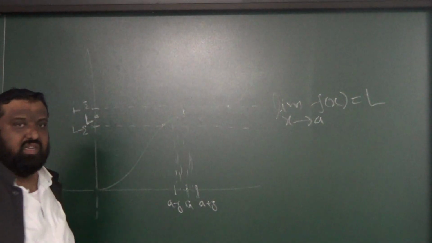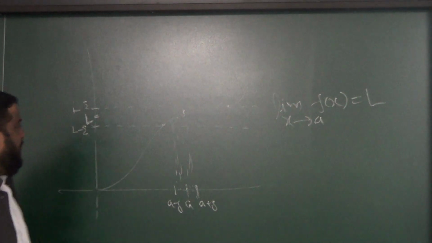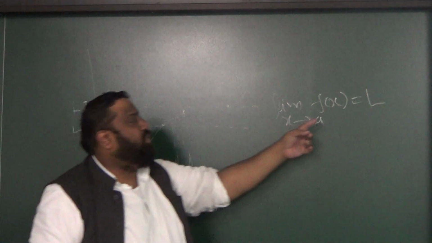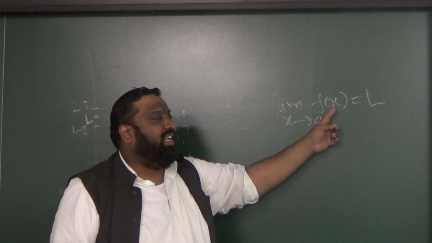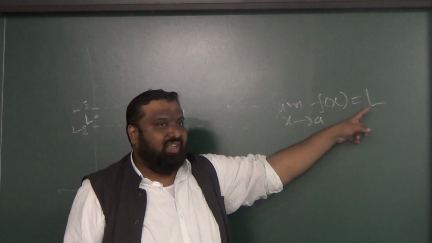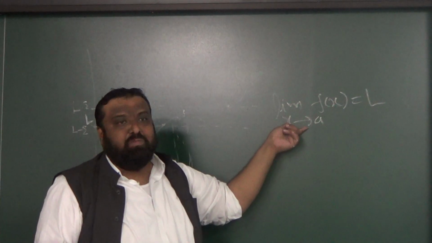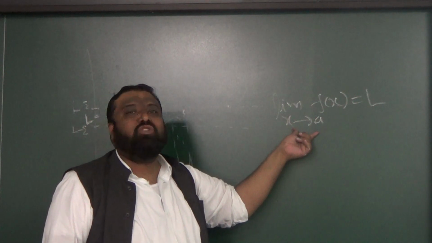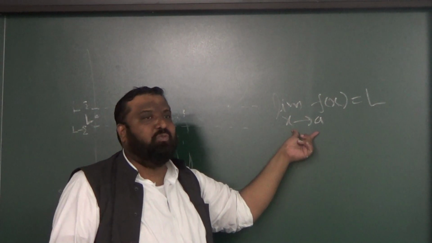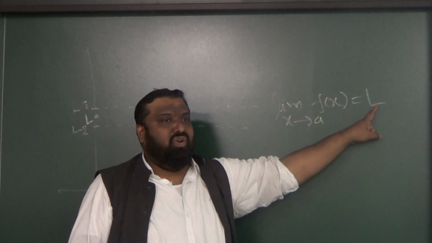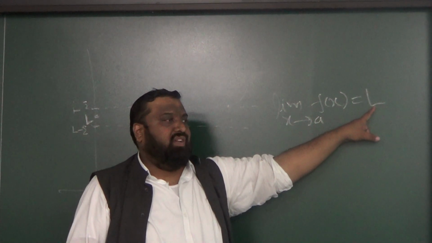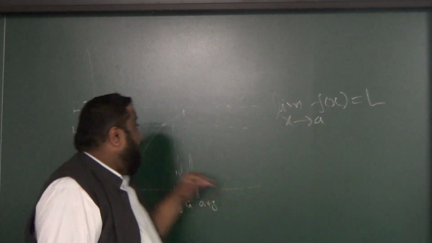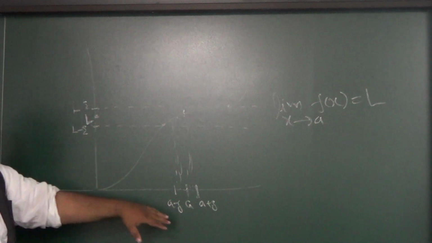I get the point. So if this limit exists, in other words, if you can get arbitrarily close to L, you can always find the set of inputs around A in such a way that if you substitute those values into the function, the outputs are going to be in the neighborhood of this number L. For every epsilon, you can always find a delta.